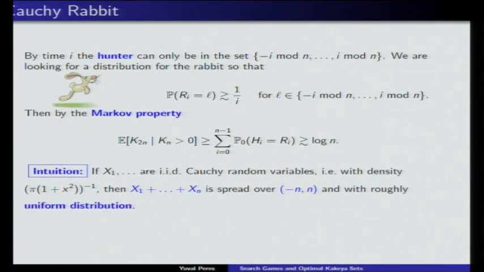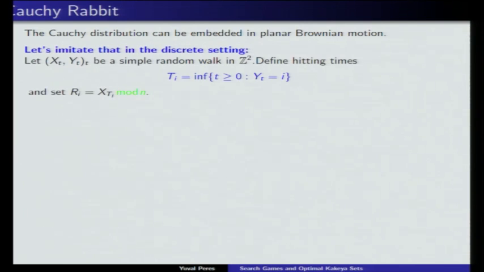For Cauchy random variables, we know that the sum is spread over, well, it extends further on, but in the interval minus n to n, the density is bounded below. So to get this in a discrete setting, what we do is we actually simulate that construction in the discrete setting. So finally, what the rabbit will do is something like the following. Maybe I'll draw it.